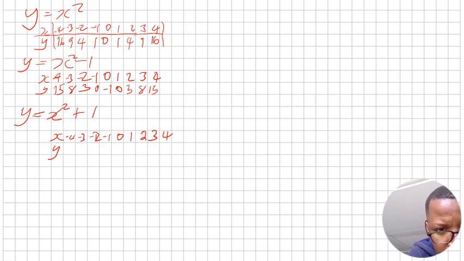So -4 squared, that's 16. 16 plus 1, that's 17. -3 squared, that's 9. 9 plus 1, that's 10. 4 plus 1, 5. 1 plus 1, that's 2. 0 plus 1, that's 1.